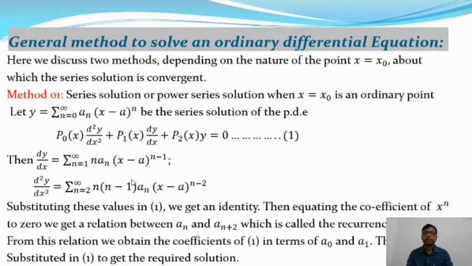Then equating the coefficient of x^n to 0, we get the relation between an and an+2. After substituting these three, that is d²y/dx², dy/dx and y, in equation 1, we get the coefficient of x^n, and since it must be 0, from this we get a relation between an and an+2, which is called the recurrence relation.